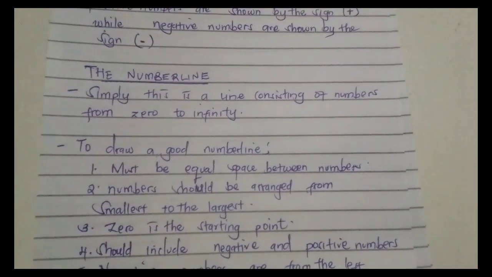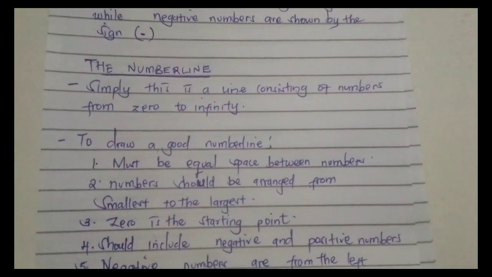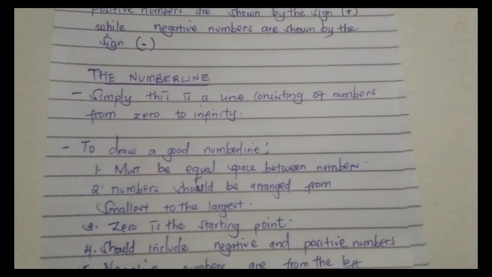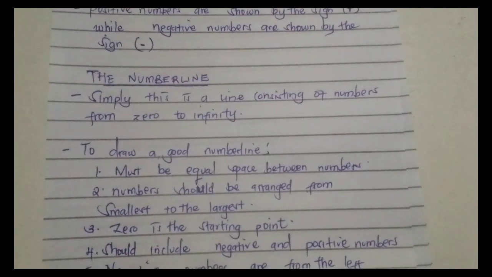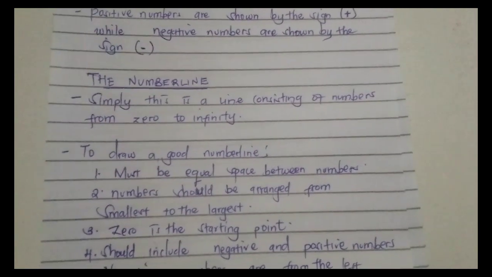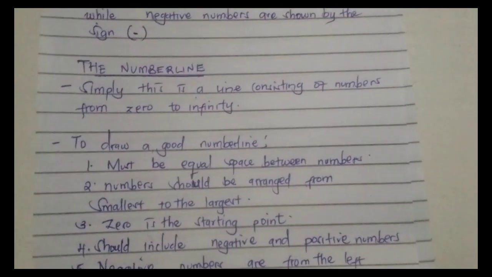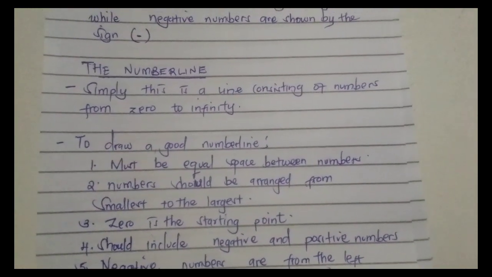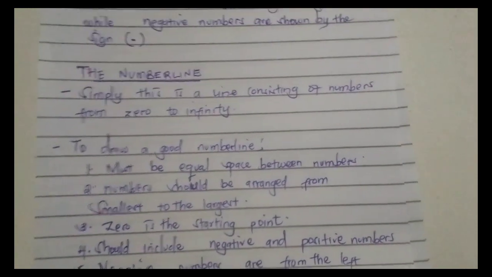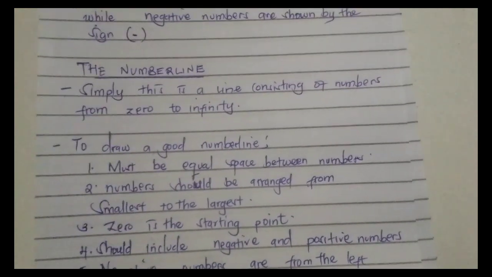So if you have decided I'm going to go with a spacing of 1 centimeter, then between 0 and 1 must be 1 centimeter wide, and between 0 and negative 1 must be 1 centimeter, equally spaced. And what will help you to do that, since in mathematics we use a square book, is so easy. It's a matter of just looking at the boxes. How many boxes are you leaving?